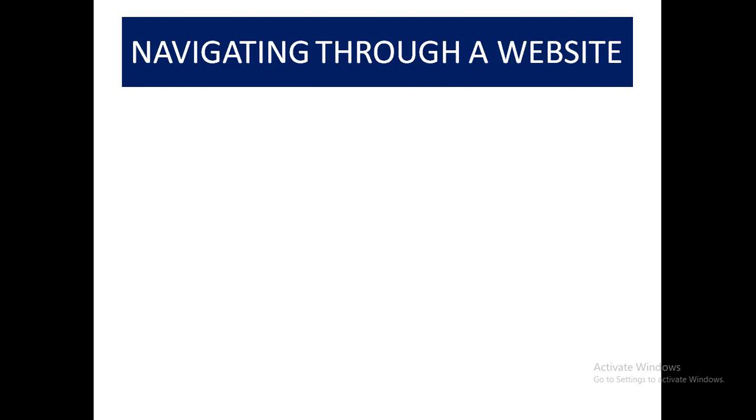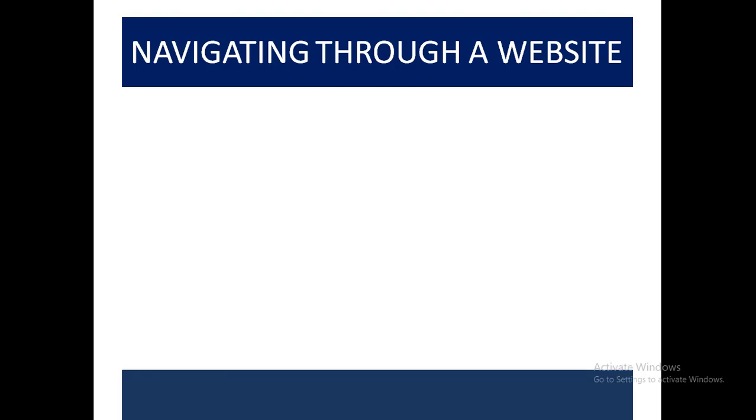So navigating is very, very important. And if you know your way on the internet, it becomes very easy. But if you don't know your way on the internet or on the website you are, it will just be like a man that is lost in the forest. So let's see what this means.